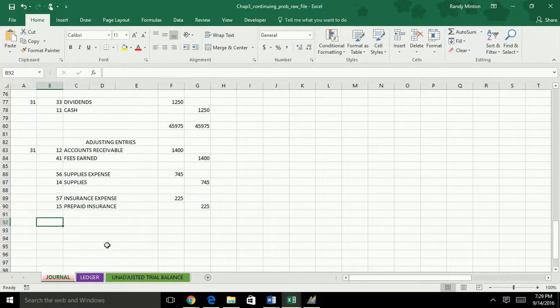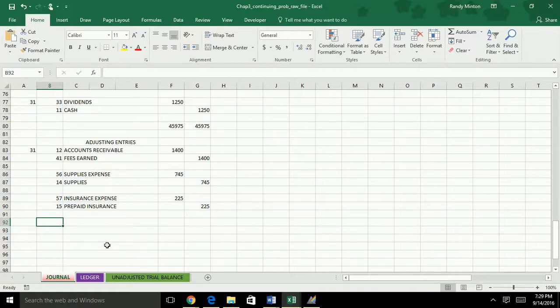Now, instead of having an asset being credited here, we're going to credit this contra asset called accumulated depreciation. And the reason we do that, instead of taking it against the asset, is so that we can more easily calculate gains and losses. And I'm sure there's another theoretical reason for it as well, but that's really all you need to know at this point.